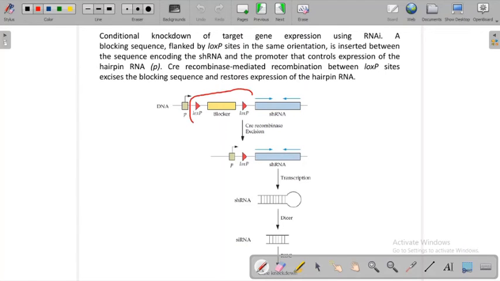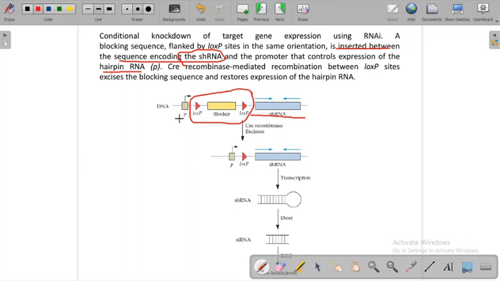We have cloned our blocker sequence over here between the LoxP sites, flanked by LoxP sites in the same orientation, and it is inserted in the sequence encoding the shRNA. The shRNA is also encoded, see here. Now the promoter controls the expression of the hairpin RNA synthesized from the shRNA, the small hairpin-like RNA. Then Cre-recombinase mediated recombination.